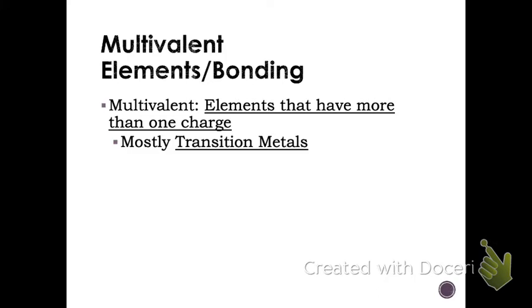So they're in that middle part of the periodic table. And so our naming and formula writing, the basic idea isn't going to change, but there's a couple of special things we have to do when our compound has one of these multivalent metals.